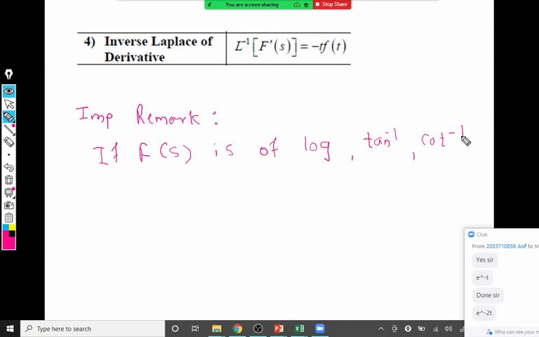Because we cannot say L inverse of cot inverse s directly there.